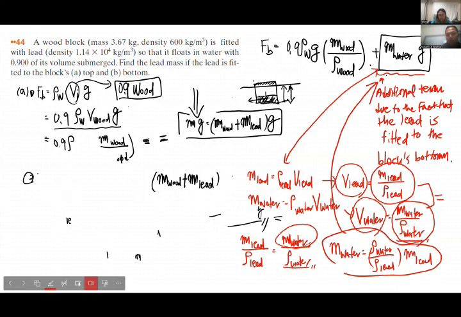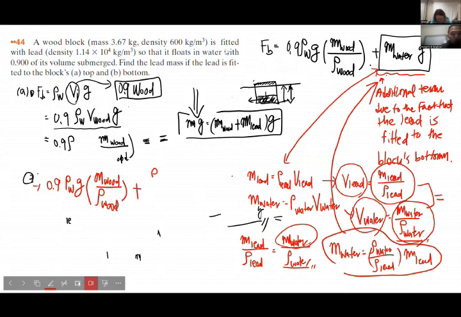Delete that. Now the equation changes to 0.9 rho_W G M_wood over rho_wood, plus rho_W over rho_lead times M_lead G. That is the buoyant force, right?